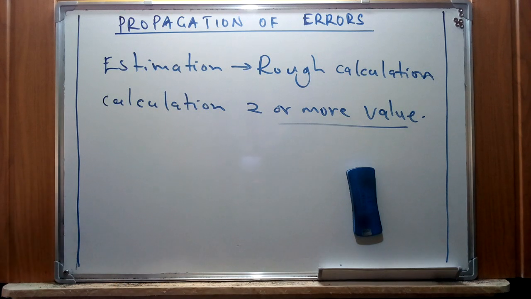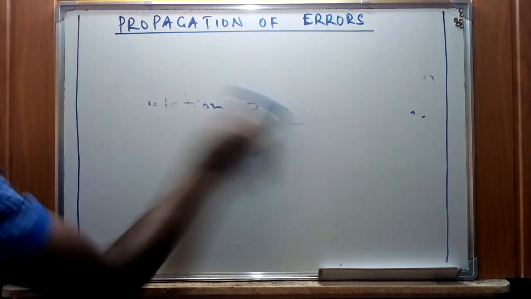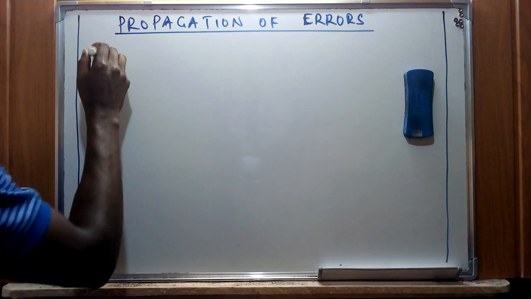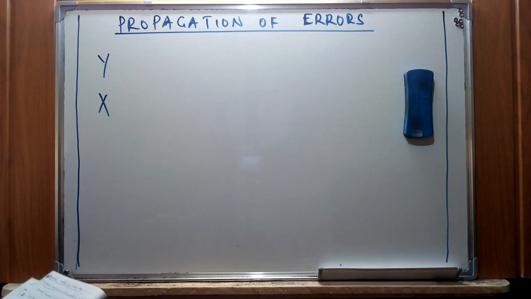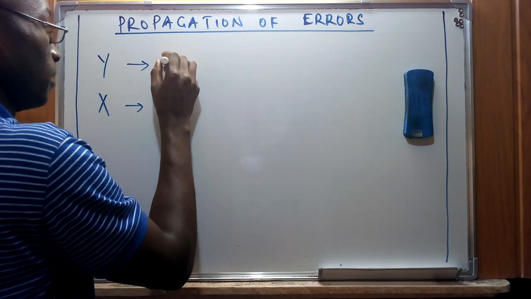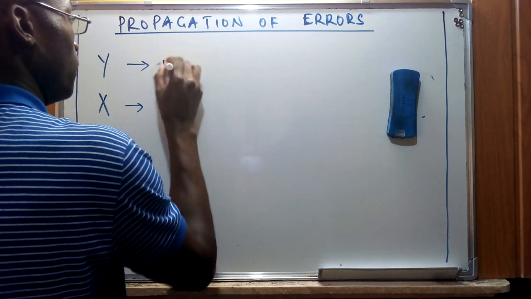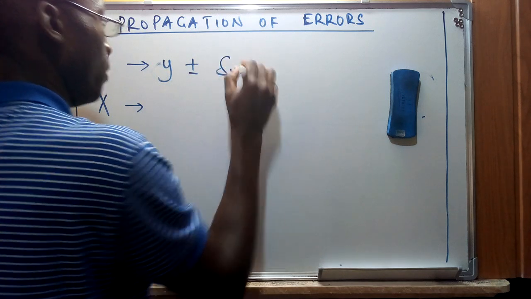So I'm going to use an illustration, or perhaps a hypothetical example, in order to discuss this specific concept. So suppose we have x and y as measurements with determinate errors, for y given as y plus or minus sigma y.